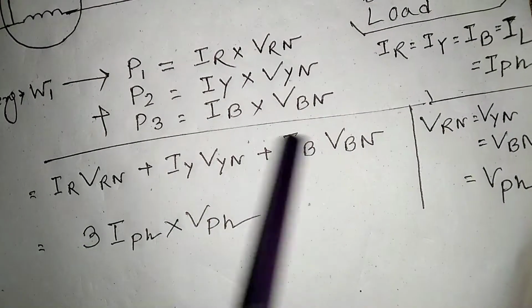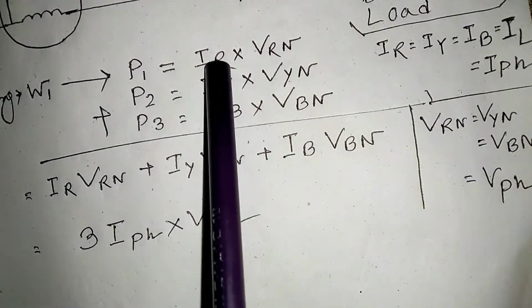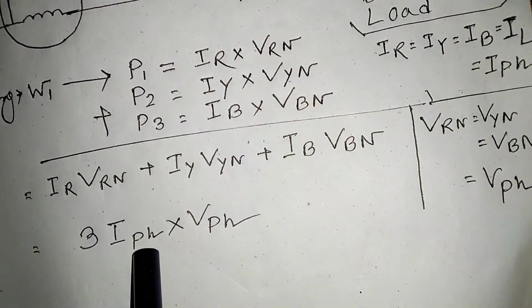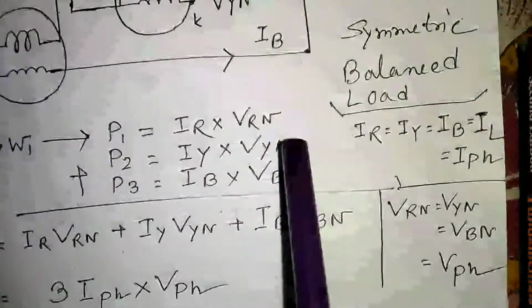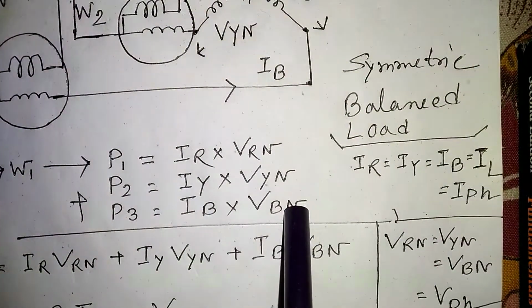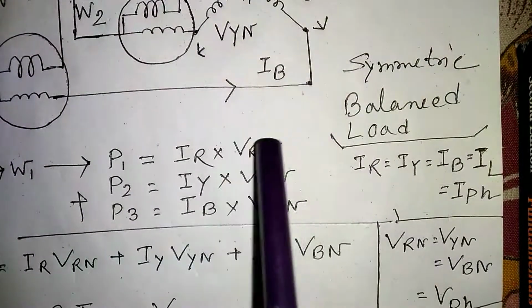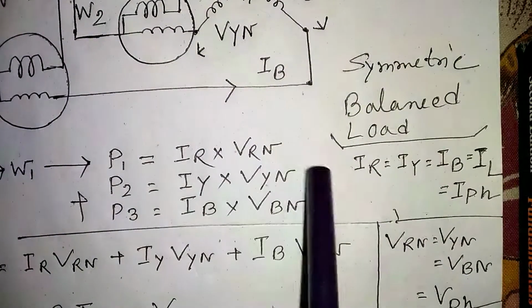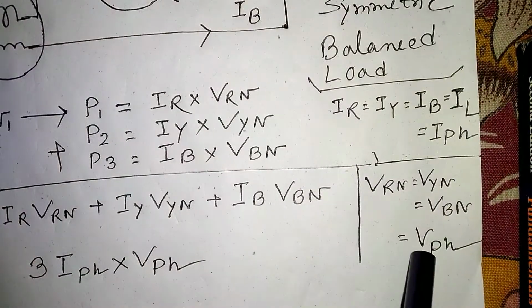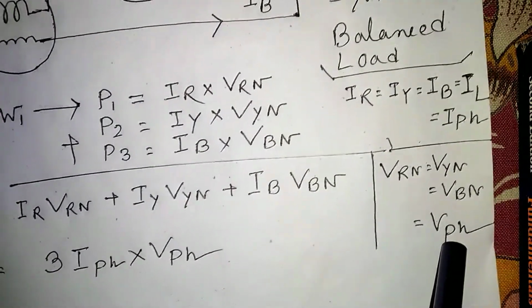Now the total power will be, because IR, IY, IB are IPH, the phase current, and VRN, VYN, VBN are phase to neutral voltages, that is phase voltages, and for a symmetric system this is VPH, the phase voltage.